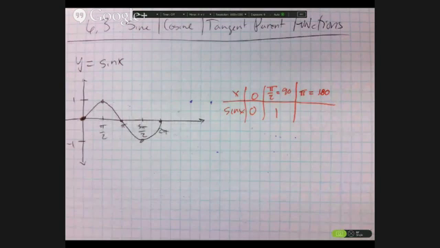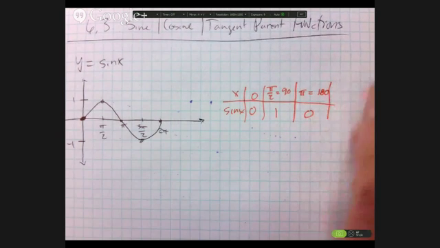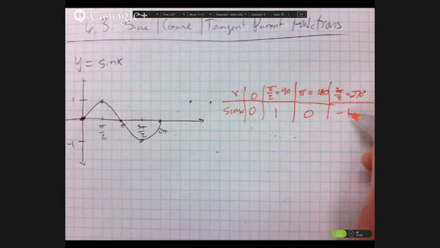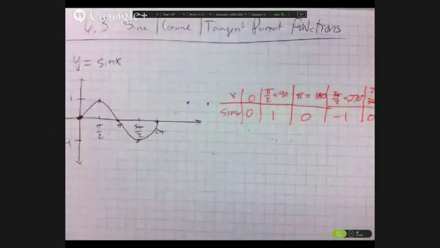What's the sine value? 0. 3 pi over 2 is 270 degrees. That value is -1. And then 2 pi is 360. The value again is 0.